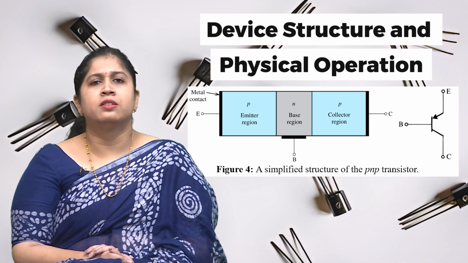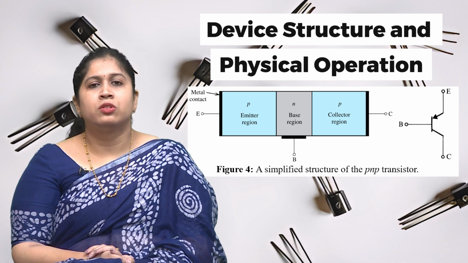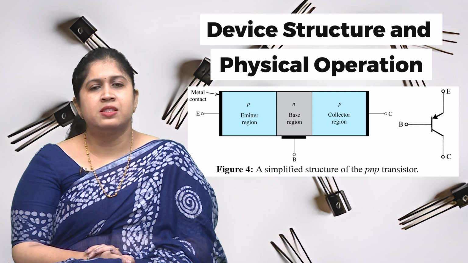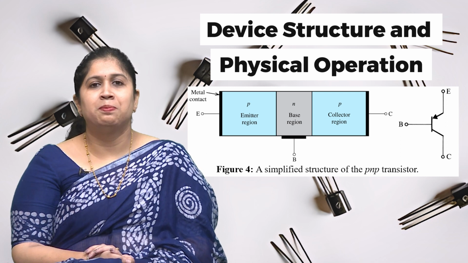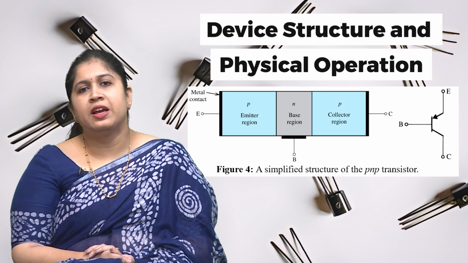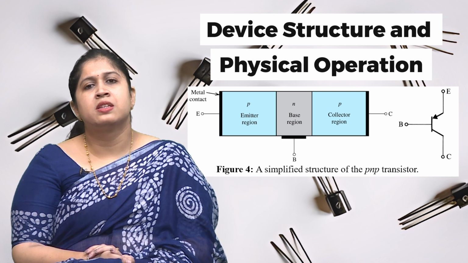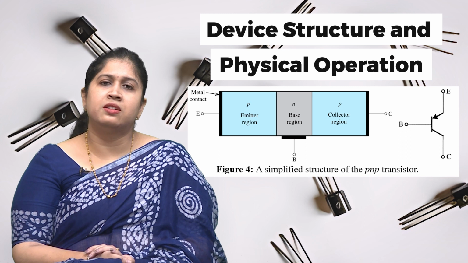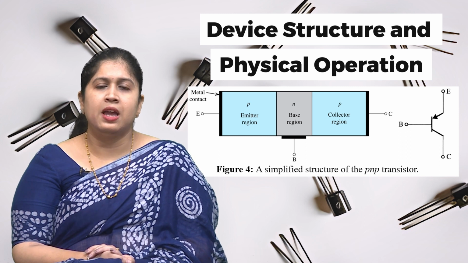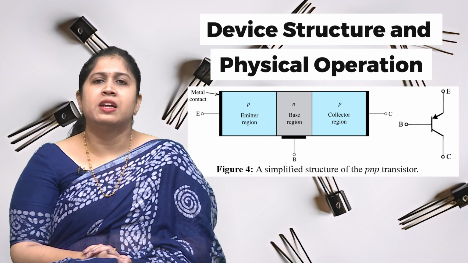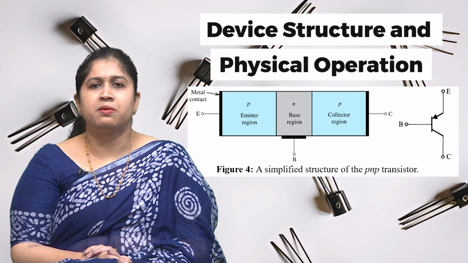Now we discuss the physical operation of PNP. So in this figure we can see the leftmost side P is emitter, the rightmost side P is collector, the thinner side is base, and base is an N side. So we can say this one is a PNP type transistor.